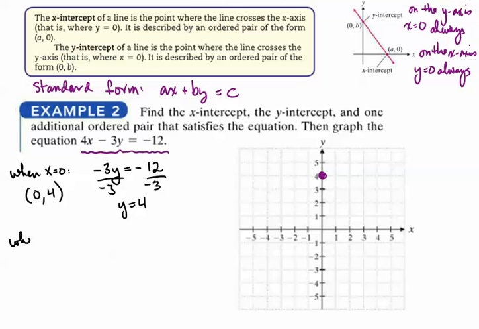So when y is equal to 0, we'll get negative 3 times 0, which will become 0, and our equation will simply be 4x is equal to negative 12. Dividing both sides by 4, we get x is equal to negative 3. So when x is negative 3, y will be 0. And all we have to do then is plot that point: x is negative 3, y is 0.